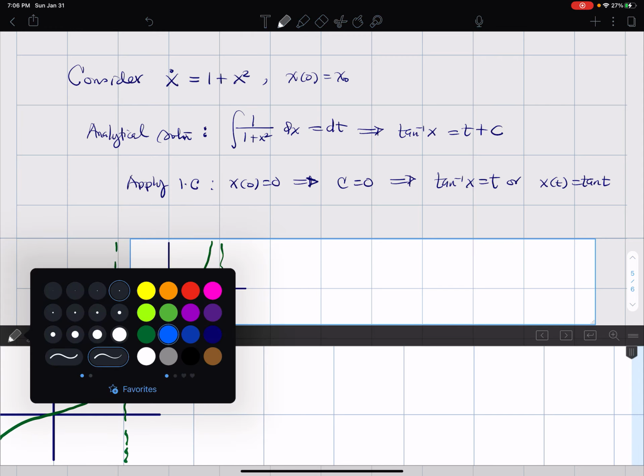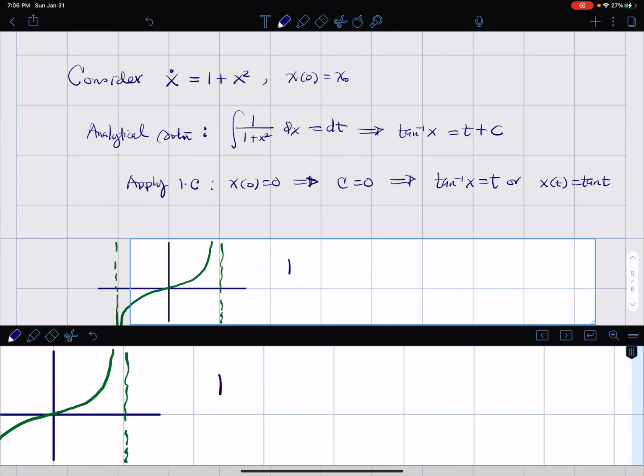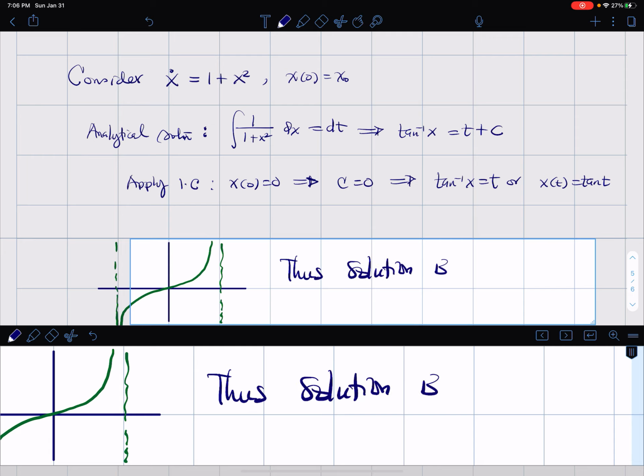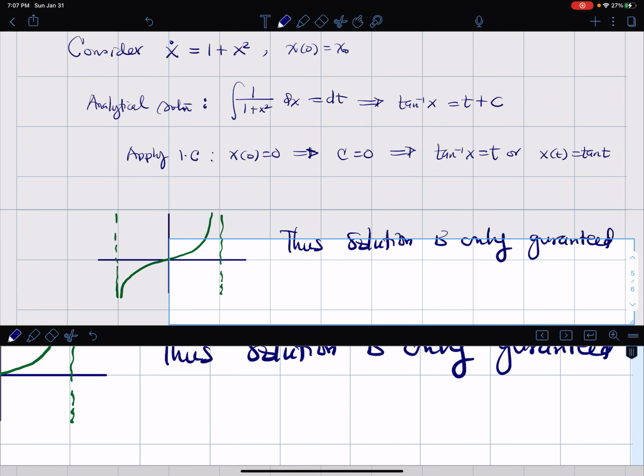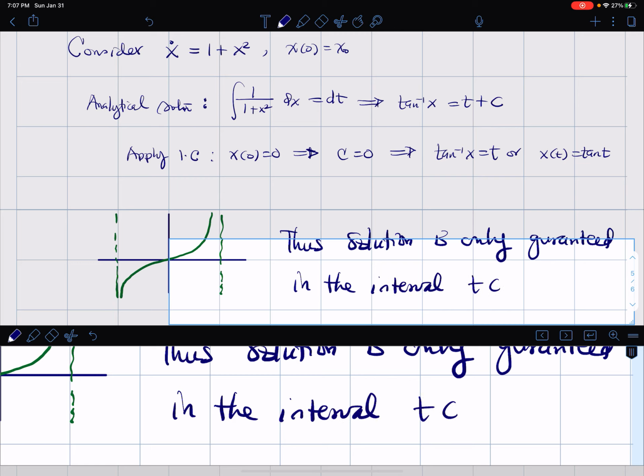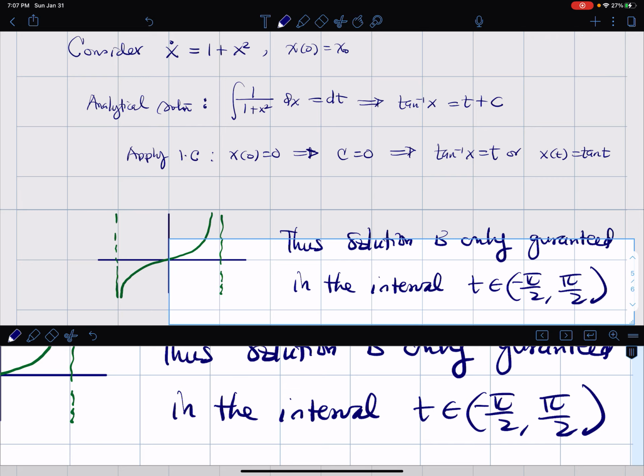This tells us that the solution is only guaranteed in the interval t between negative pi over 2 to pi over 2, because we want our solution to be continuous.